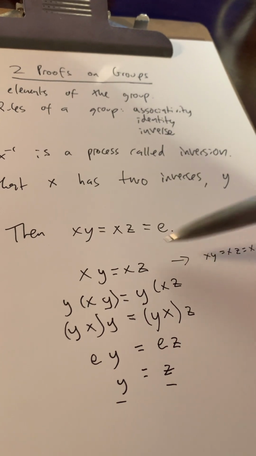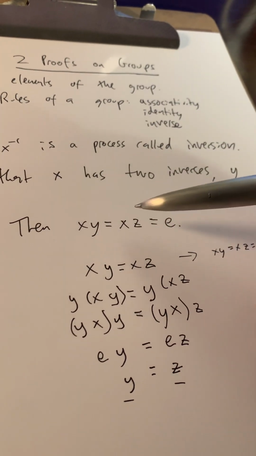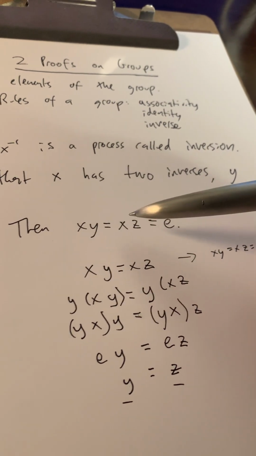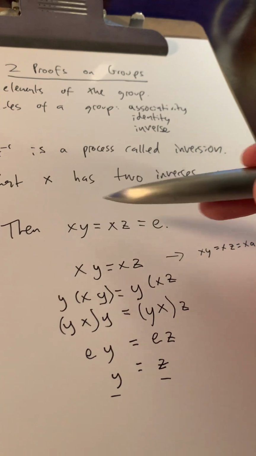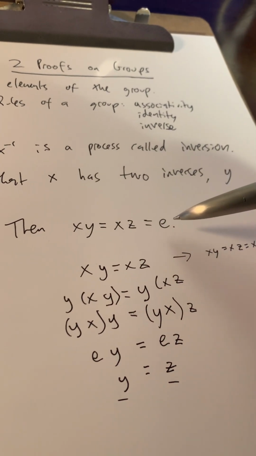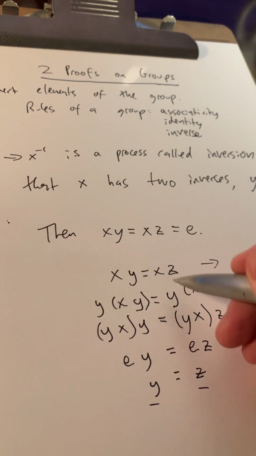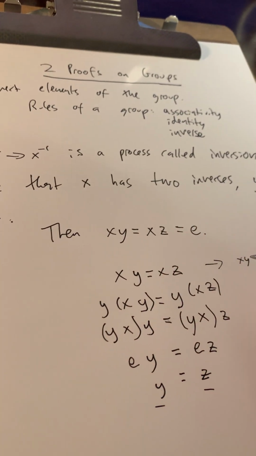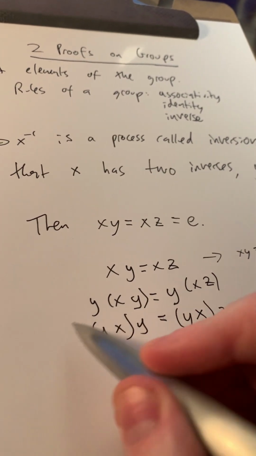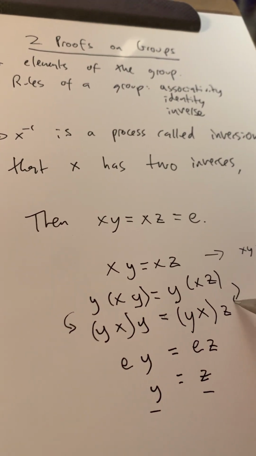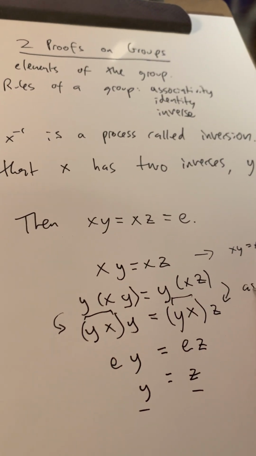XY equals XZ is what we're supposing. Two inverses, XY. X is the original number in both cases. Y is one inverse. Z is another inverse. And because it's an inverse times the original number, we get E. We set our equivalence equal. From here, we perform the operation on both sides. Basic math. From here, of course, we apply the change of bracket position due to associativity.